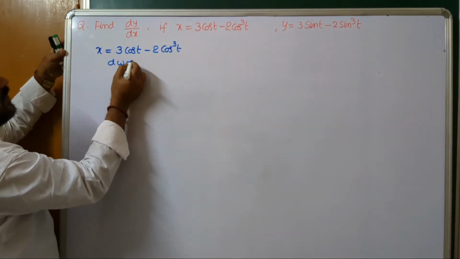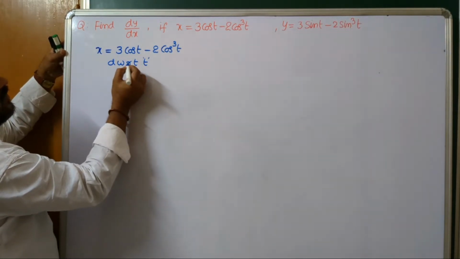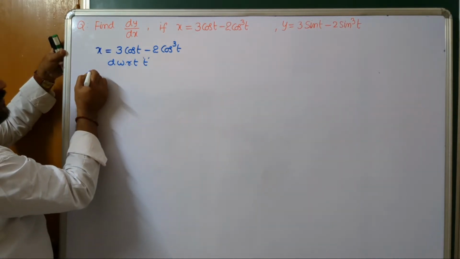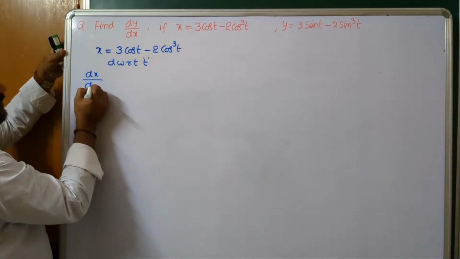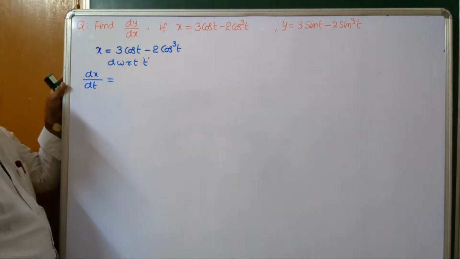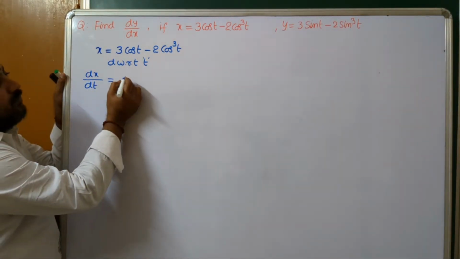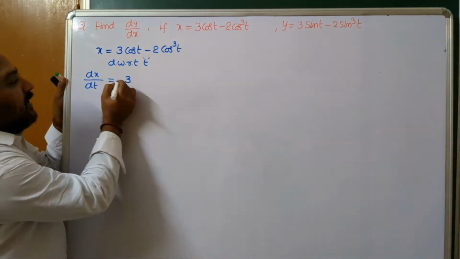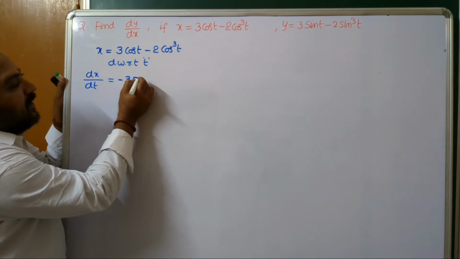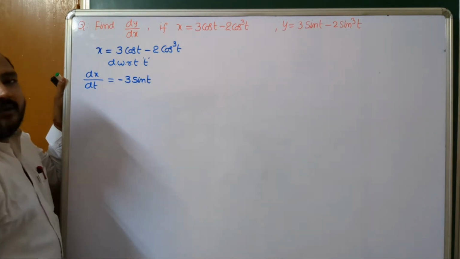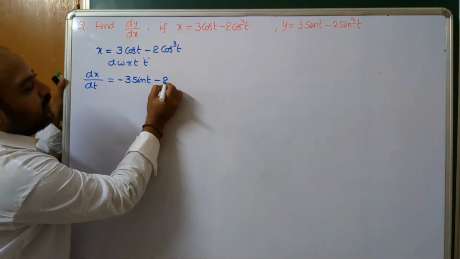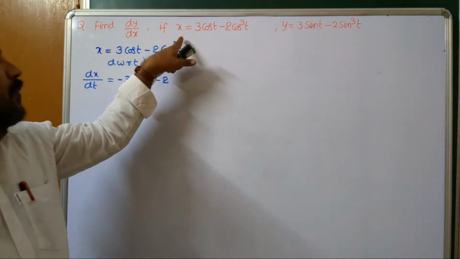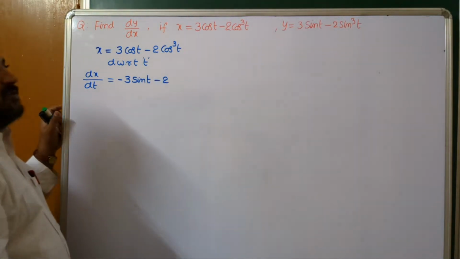Differentiate with respect to t, x derivative with respect to t, dx by dt. 3 into d by dt of cos t, minus sin t, minus 2 into, as in the previous questions, f of x whole power n formula you can apply, dear students.